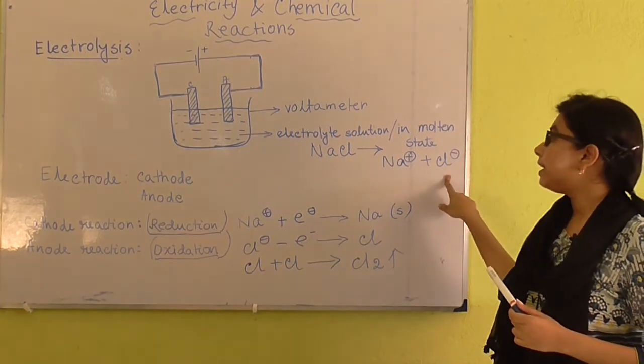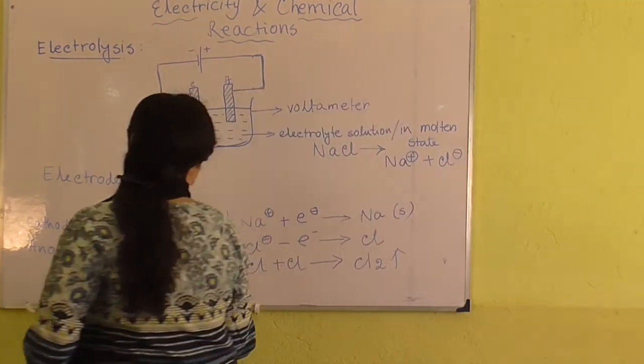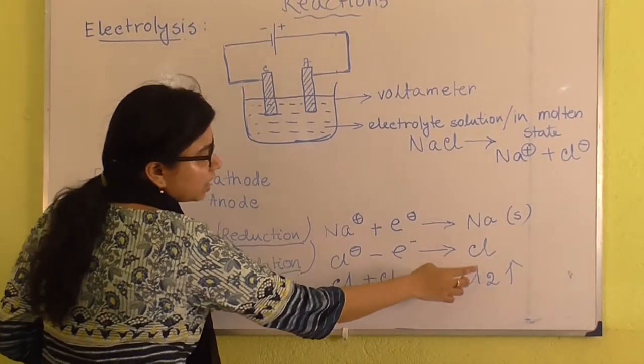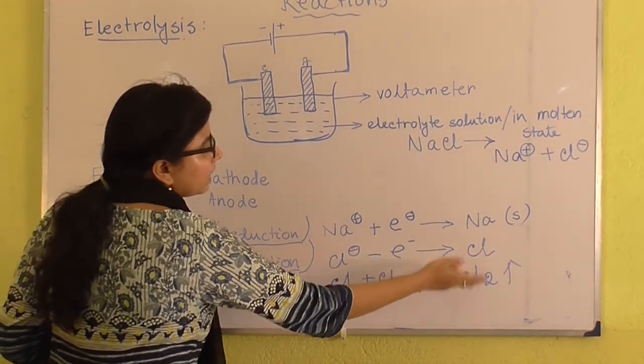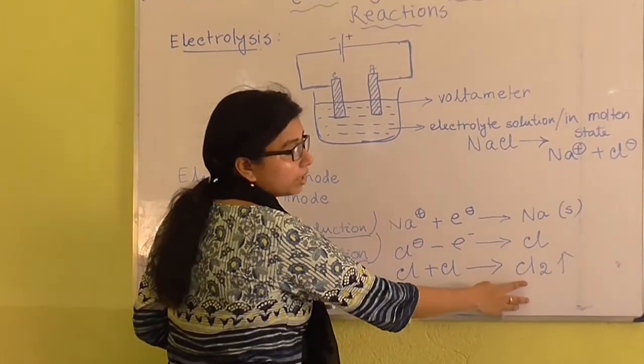All the anions, that means the chloride ions, will go to the anode, and going to the anode they will form chlorine atoms, and in this way we get more than one chlorine atom, which will combine and produce chlorine gas.